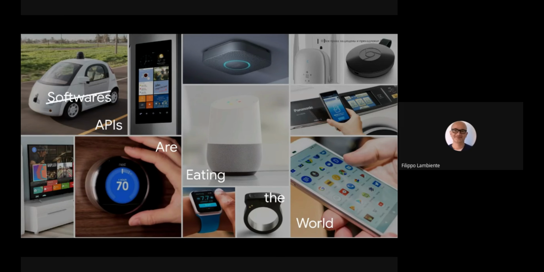In the past we used to say that software is eating the world, but recently what we are seeing is that APIs are eating the world, because they are so pervasive in everyday life and in the majority of the services and products that we are using.